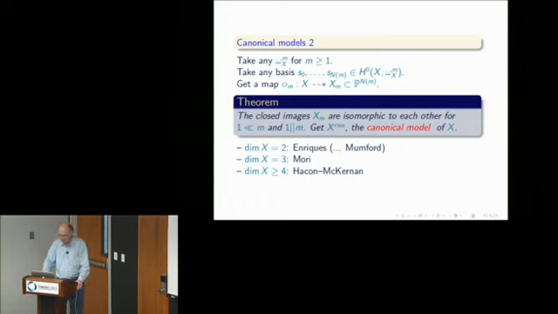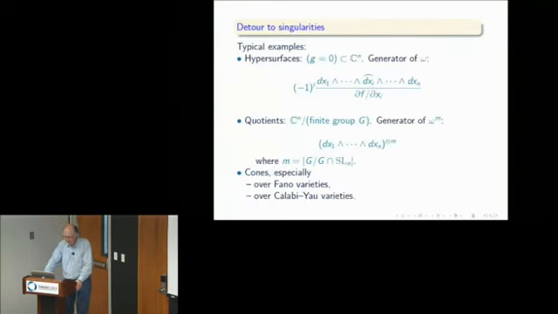Okay. So now they have one problem, though, that these canonical models, they are singular. And so far we have mostly looked at smooth varieties, but then we have to look at singularities a little bit, and I try to go easy on the singularities that come up.